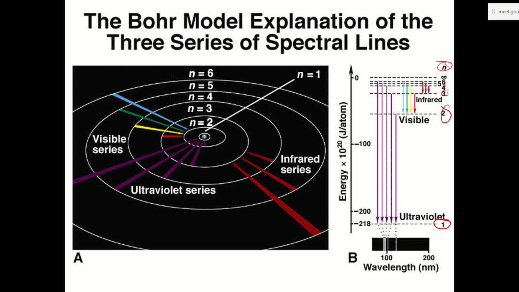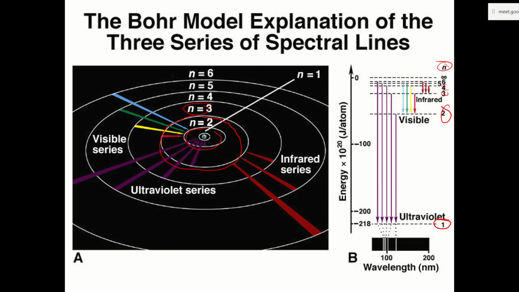So this is the variation in n, and the lines are going like this. The pictorial view. So you see, this is the n is equal to 1 first orbit, 2, this is the second, third, and so on. n is equal to 3.